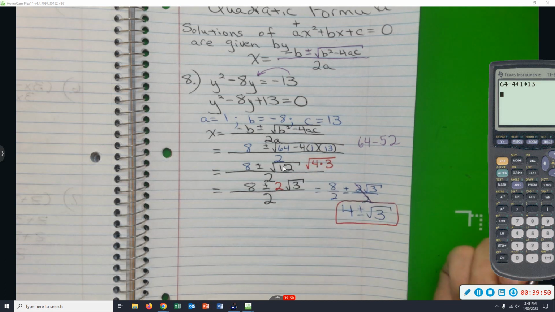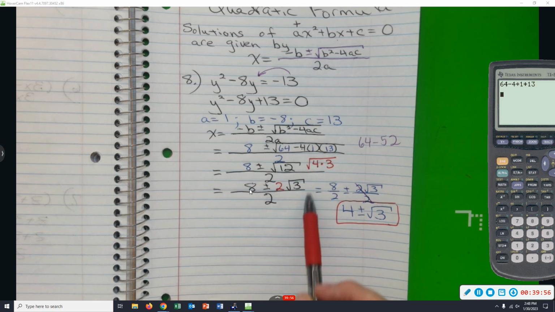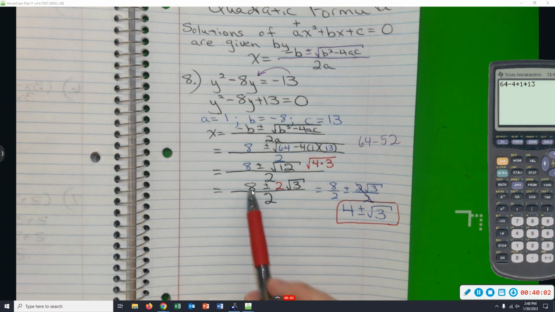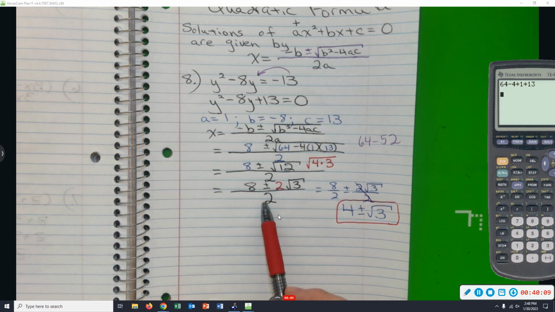But once you have it like this, there is another way of canceling. Look at the 3 numbers outside of the square root: the coefficient, this constant, and that denominator here. What's the biggest number that divides evenly into 2 and 8? The 2.